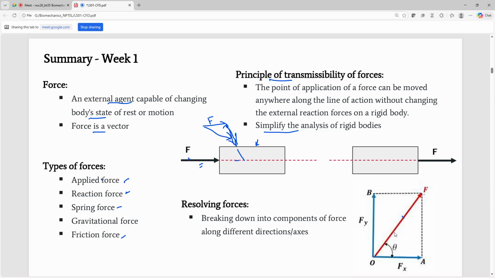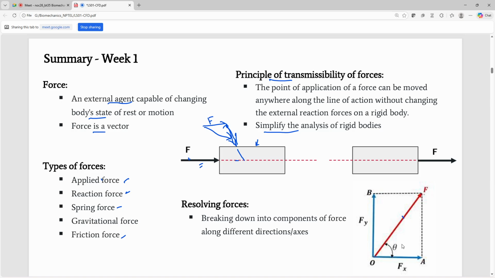If you see here, the force F is denoted by this red arrow, and it is tilted by theta degrees with the x-axis. So we can create two other vectors, OA and OB, as components of this force.